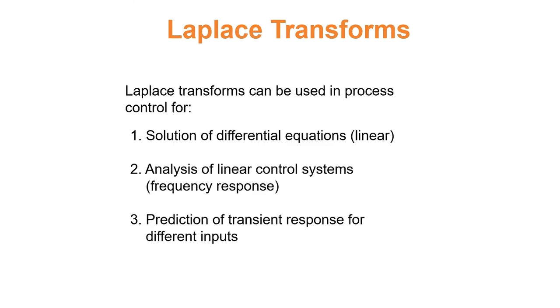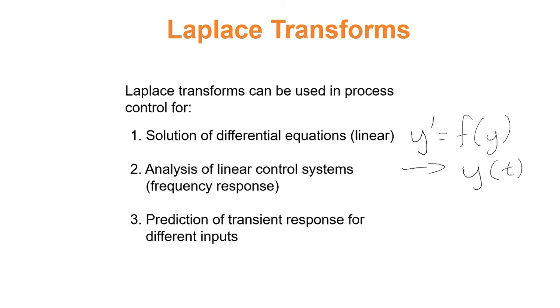Typically we see that Laplace transforms are a very useful tool. We need to sharpen this tool and refine it so that you're ready to utilize it as we encounter problems in process control. Typically we're going to use Laplace transforms to find the solution of differential equations. Let's say we have some function where the derivative of y is some kind of function of y. Well, we can use Laplace transforms to solve for y as a function of t.